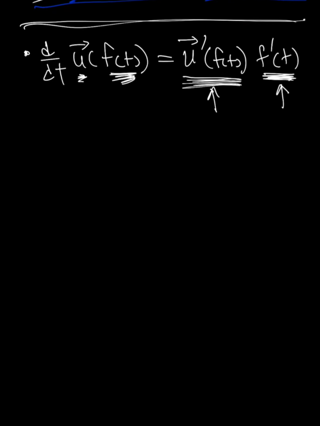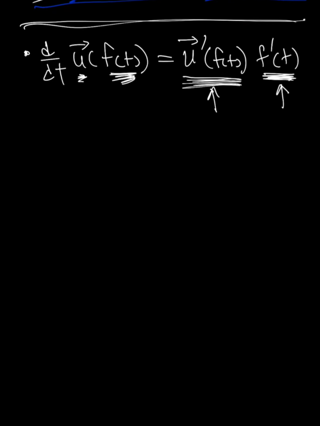Okay, notice, by the way, just a small note. Notice that we don't have a chain rule that looks something like this, right? f of u of t, because that doesn't make sense. If f is just a single variable function, it doesn't take in a vector as an input, all right? So something like that doesn't make sense.